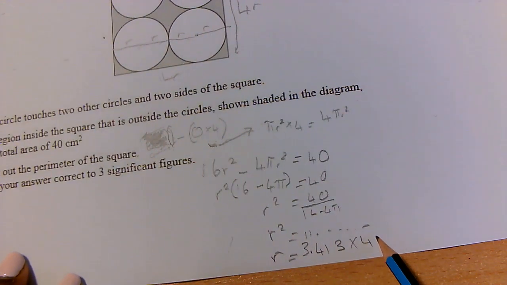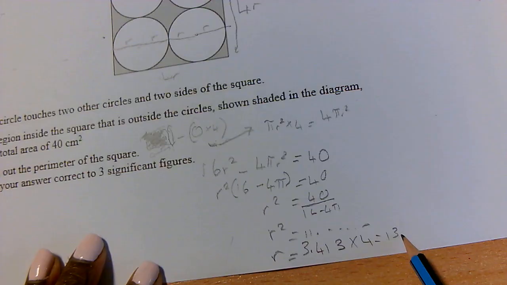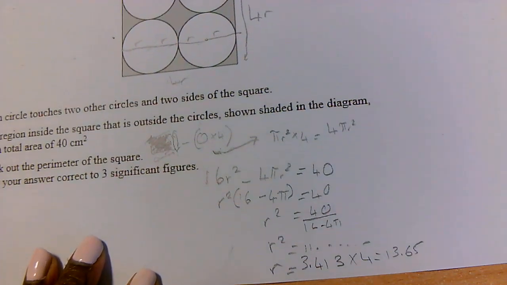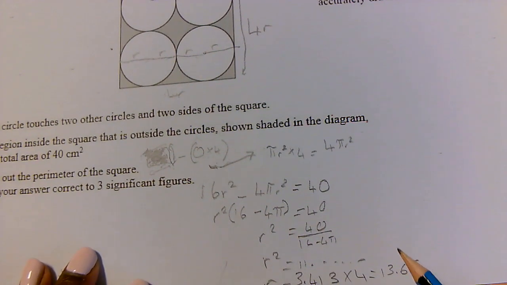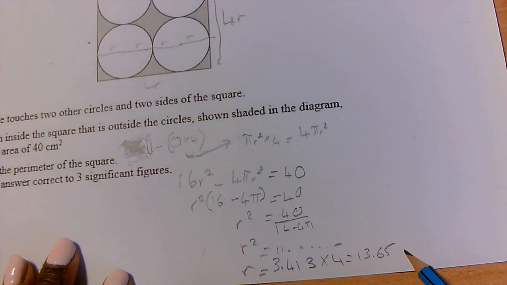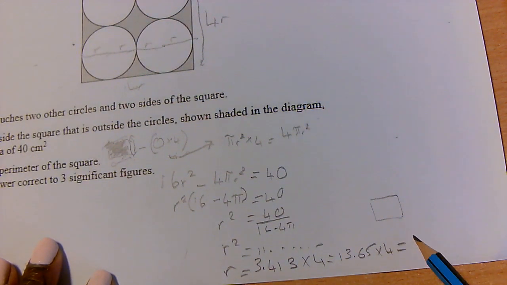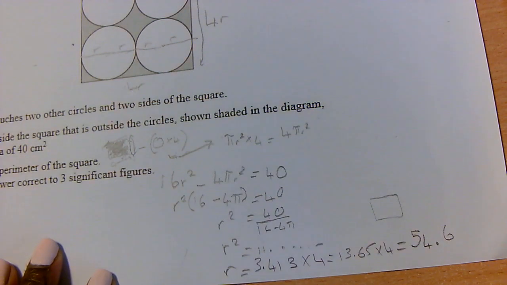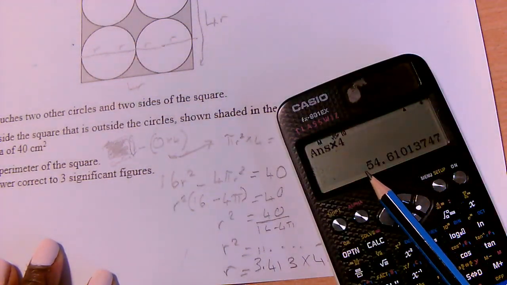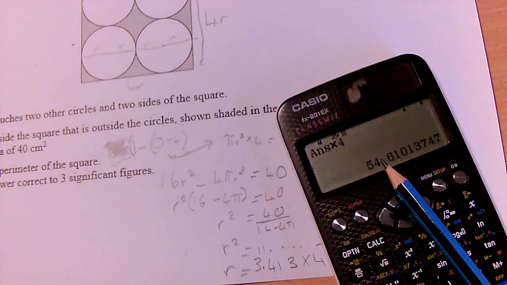So the length of the square is 13.65. That's one length, and now I'm going to times that by 4 to get all the way around and get the perimeter. So my perimeter is 54.6, to 3 significant figures.